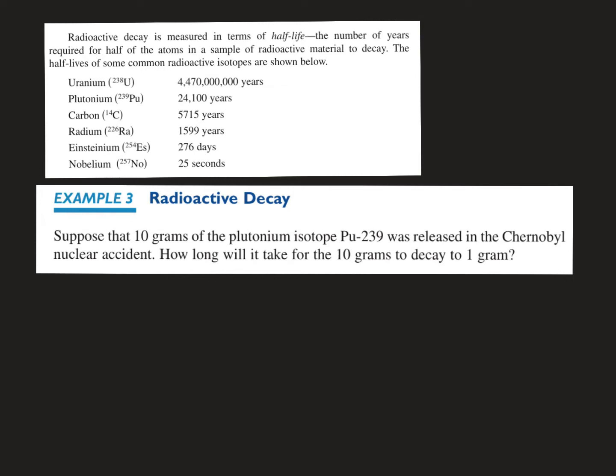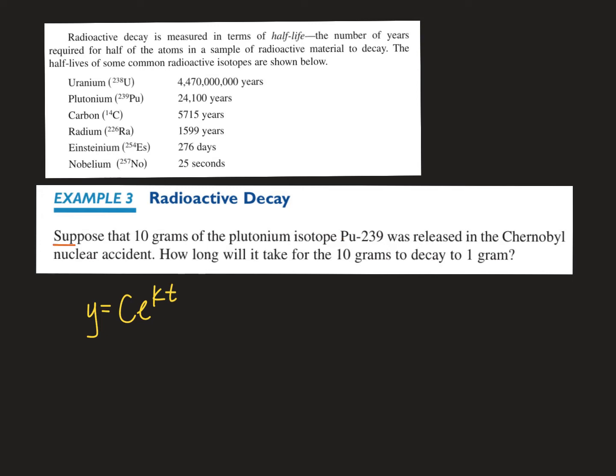So we know that we have exponential decay, so I'm just going to write out my model, y equals c e to the kt. That's what we're using. Well, we're not told specifically that time is 0, but we know that when time is 0, initially we had 10 grams of the plutonium isotope.